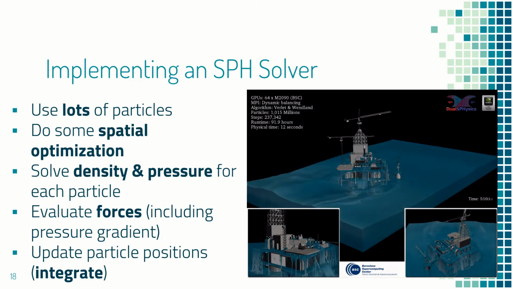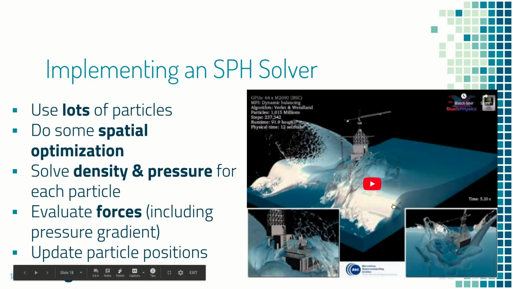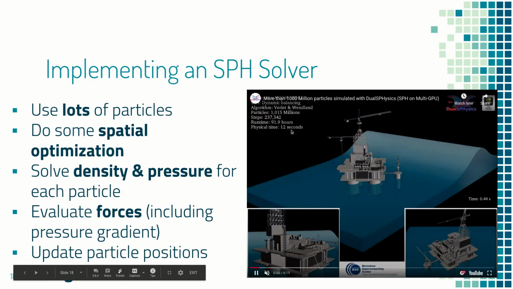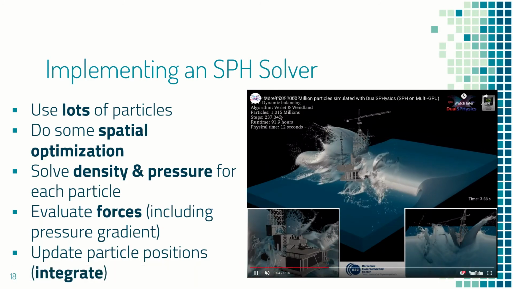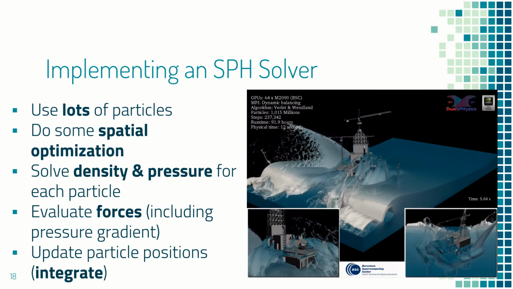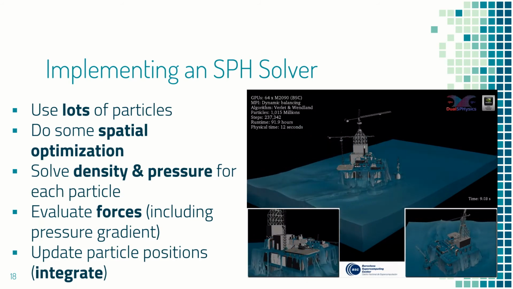Now, to get useful solutions in SPH, you often need to use lots of particles. In that example there, which I'll play again, I think it says over 1 billion particles were used in this implementation, running on 64 different GPUs.